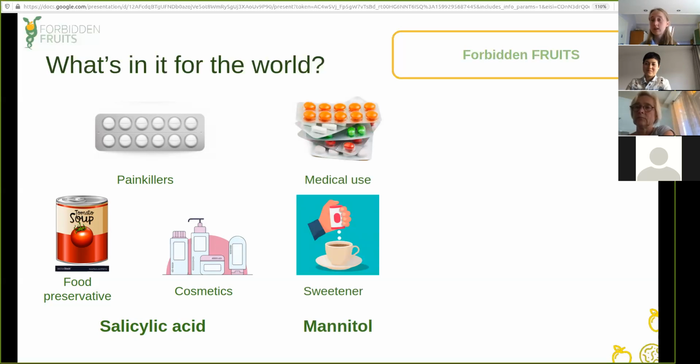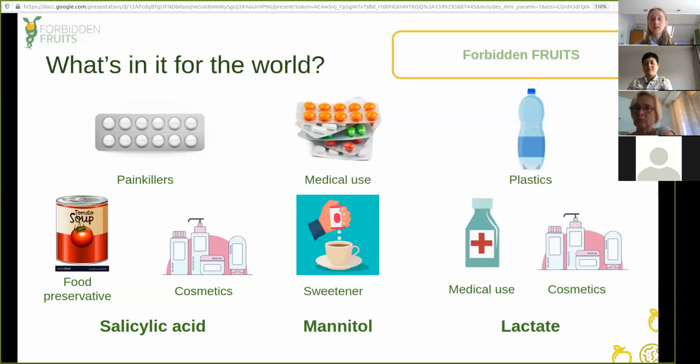Mannitol, for example, is used in medicine against pressure in the eyes, and it's actually a low-calorie sweetener, which is a replacement for sugar. And then we have lactate. Lactate has great potential to be a bioplastic.